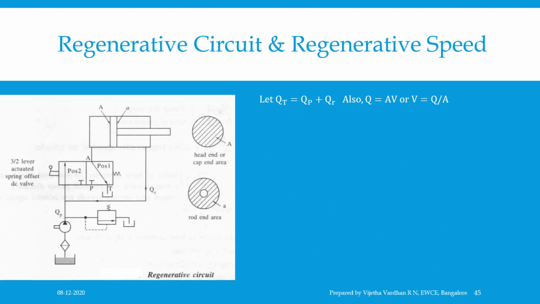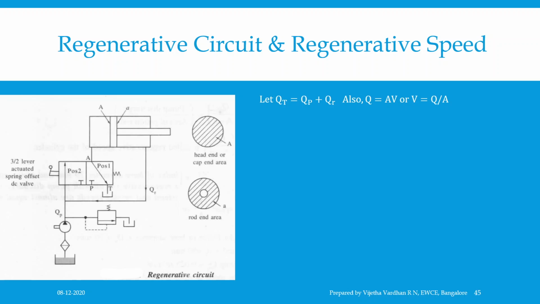Now we have a formula, that is Q is equal to A into V, or V is equal to Q by A. That is, the speed of the piston is proportional to the input discharge Q and inversely to the effective area of the piston surface, which we have discussed in the previous slide.